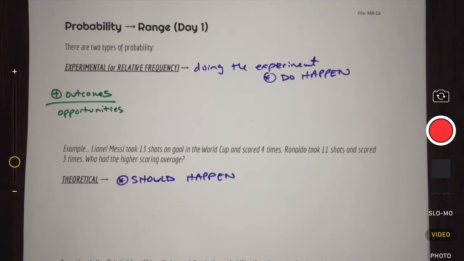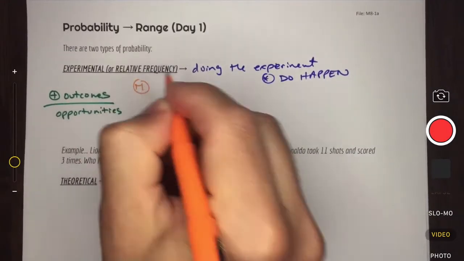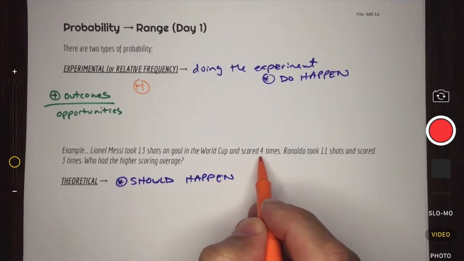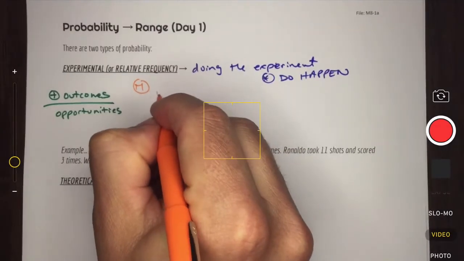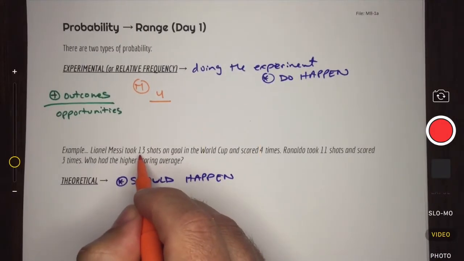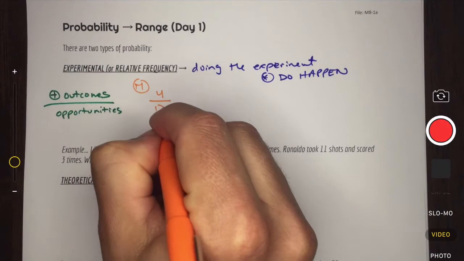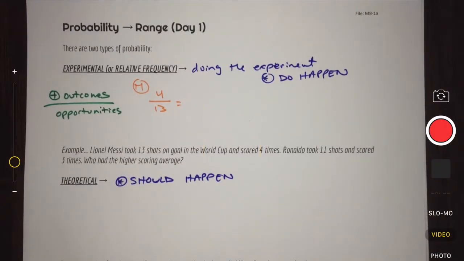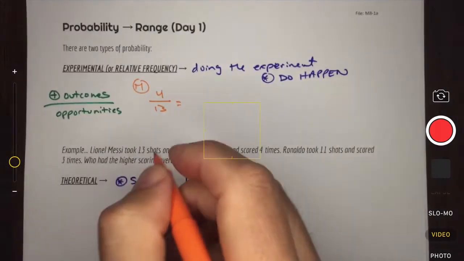So when we're talking about Messi, we can see that the number of positive outcomes, or the number of times that he scored, which is going to be our numerator, is 4. And the number of opportunities that he had to score was 13. When we take that and turn it into a decimal, so we can punch this into our calculator, what we're going to get is 0.307, and then a whole bunch of decimal places, but we're going to round right there to 3 decimal places.